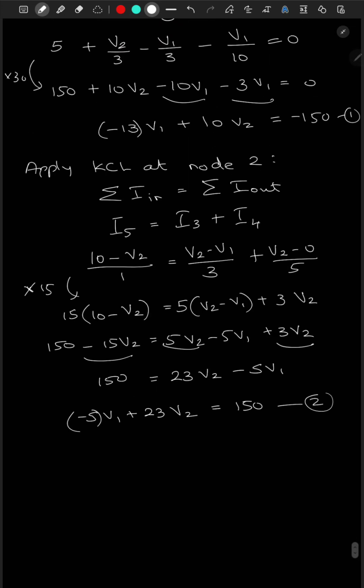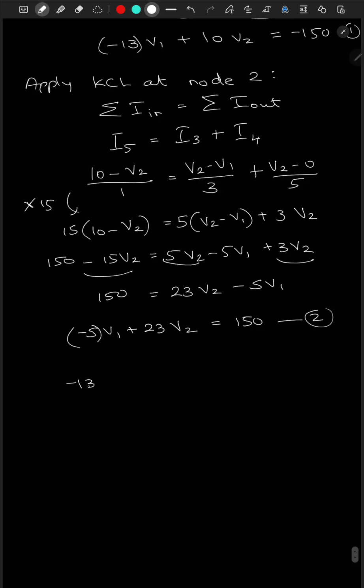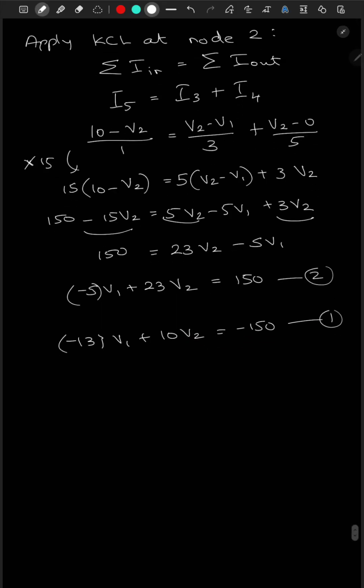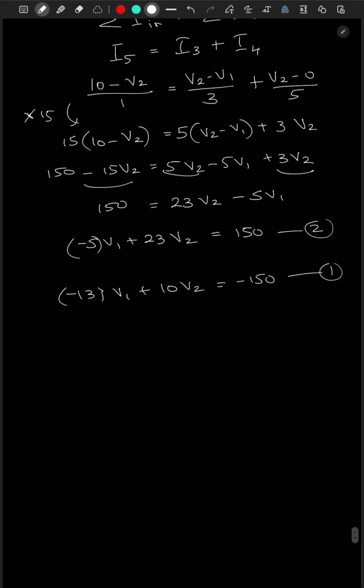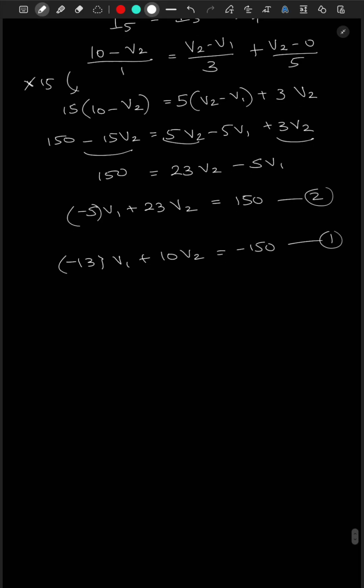So now we have equation 1, let's write it over here, and equation 2. You can use simultaneous equations, or you can use Cramer's rule to calculate the voltages V1 and V2.